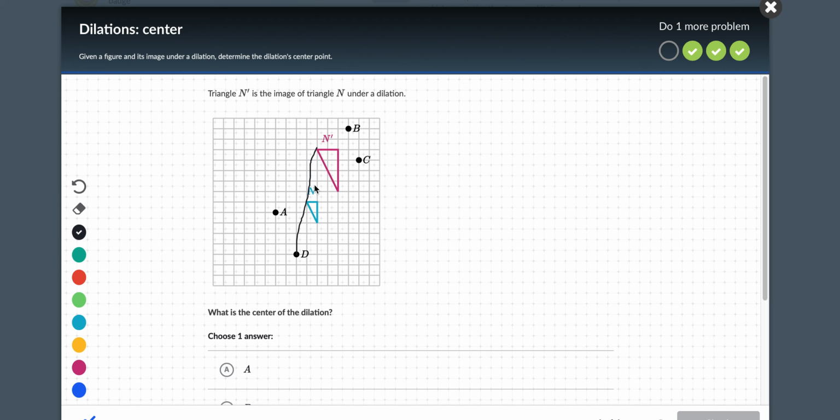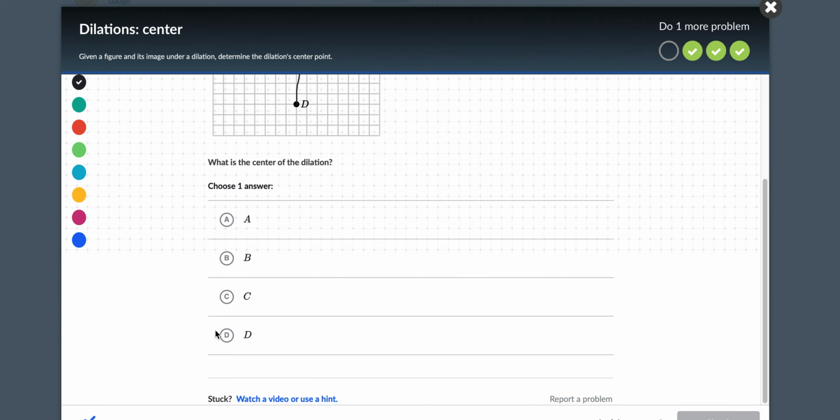And you can also use some tips from the video on learning dilations to find the scale factor if they don't give you points, but hopefully they'll give you points because as you can see it makes it pretty easy. So the answer is D, of course.